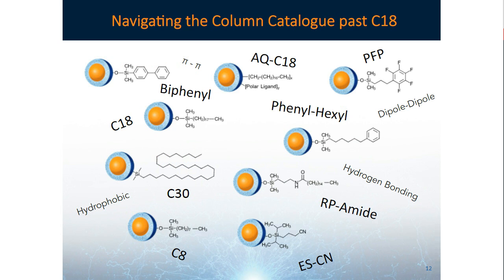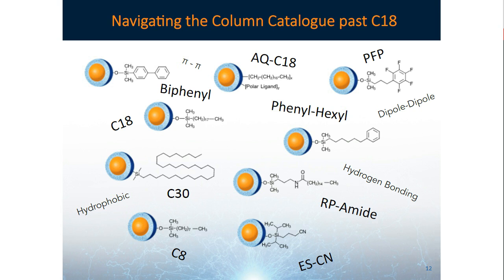So how do you navigate the column catalog past C18? So here you are trying to develop a method. You open up a column catalog, and you know most people are familiar with C18 phase, but what about all those other phases? How do you decide which one to pick?